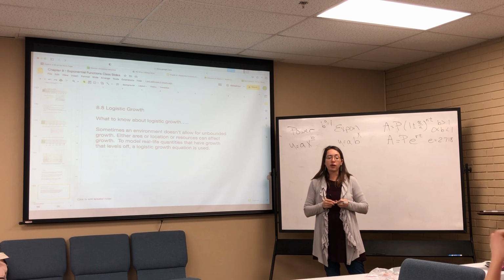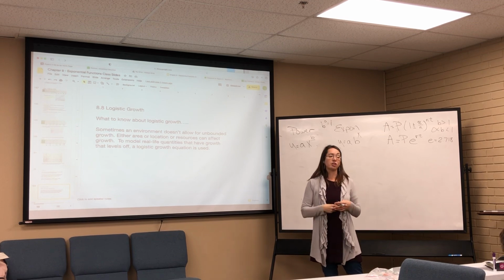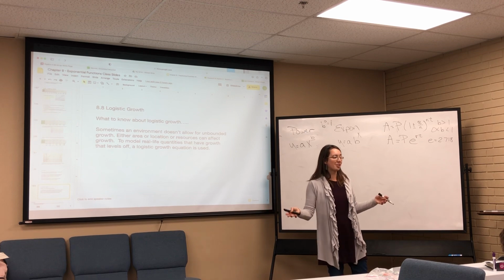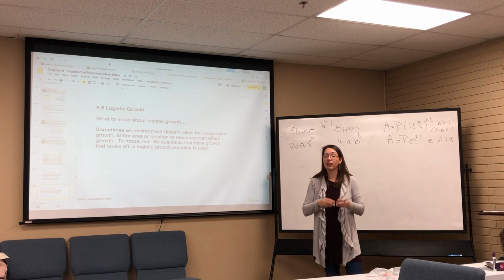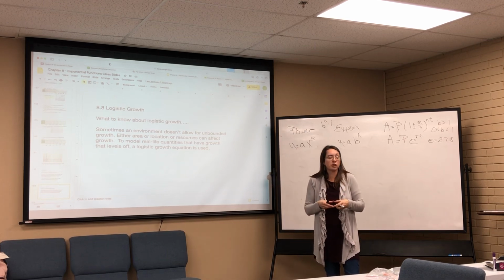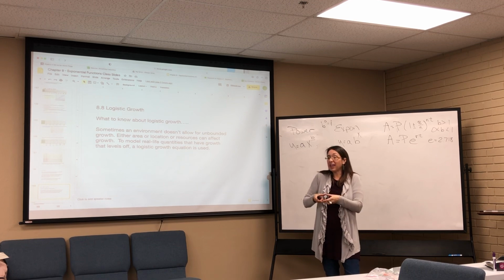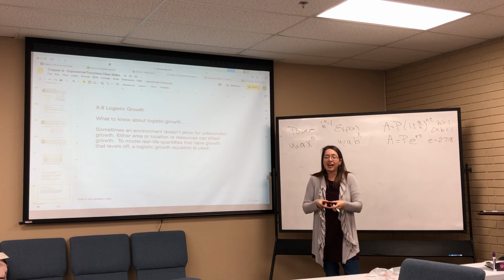Or if you have a control situation set up, or a bank account, there's never going to be a cap on how much you can earn. Unfortunately in life that doesn't always work that way. Sometimes we have bounds. Sometimes there are boundaries, like if you're growing bacteria in a petri dish, it can't grow outside the dish, right? So the area that it can encompass is only a certain amount of area.